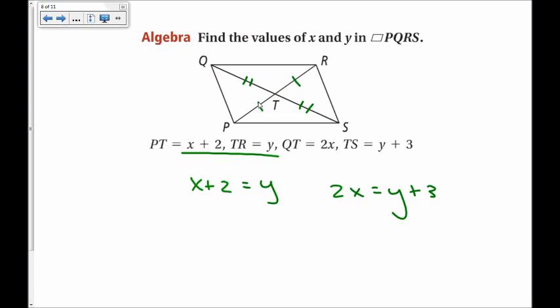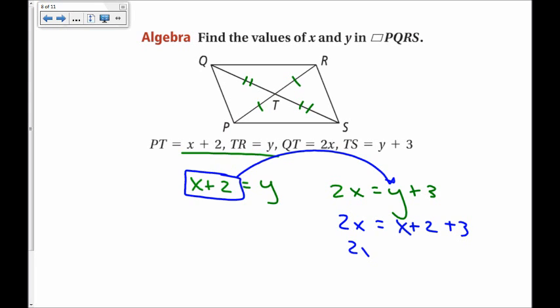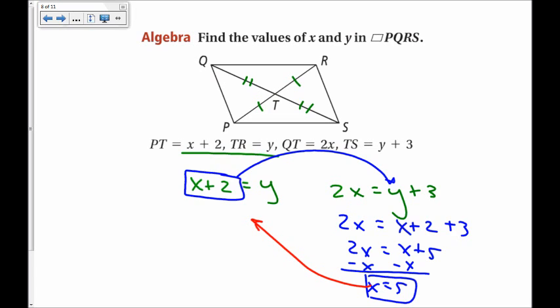So this is equal to y, so I will take x plus 2 and plug it in here for y, 2x is equal to x plus 2 plus 3, or 2x is equal to x plus 5, and I'll subtract x from both sides, and again I get x is equal to 5. And I'm asked to find the values of x and y. Okay, and once I know x, I can plug it back in to here, and I get 5 plus 2 is equal to y, so y must be equal to 7.